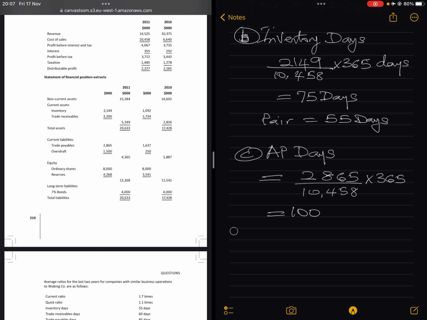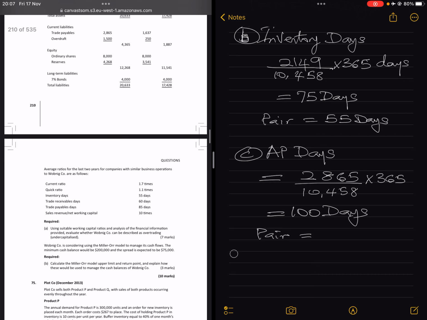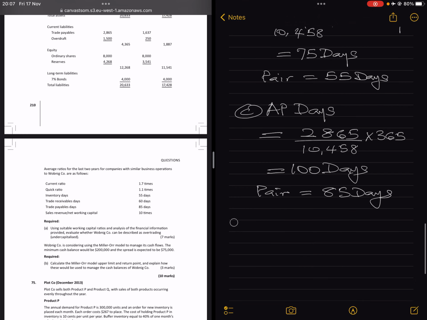That is huge. 100 days. What is peer doing? Peer is doing 85 days. Very bad. You can see our peer is paying within 85 days. This company has to delay its own payment by 100 days. That's a lot, because that's part of short-term funding, because it couldn't access long-term fund.